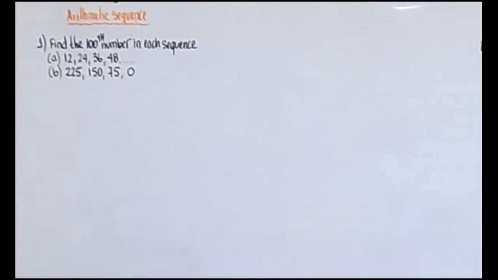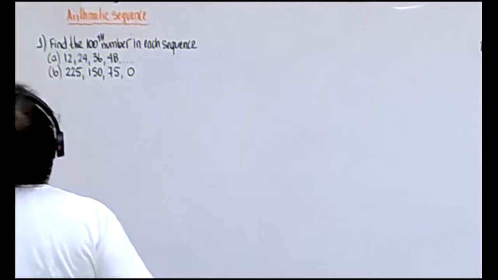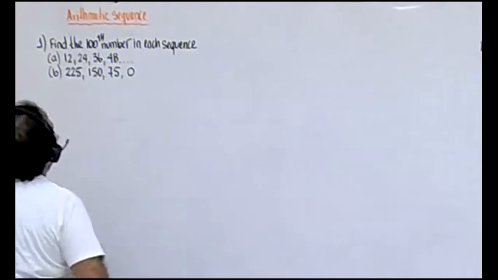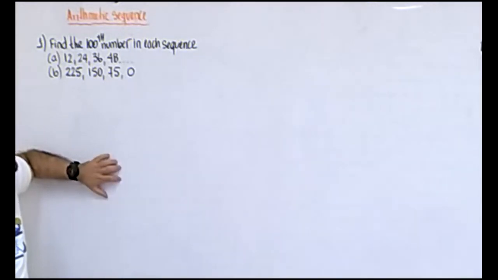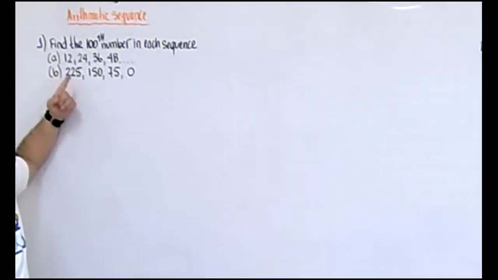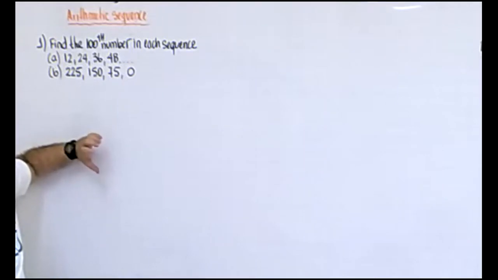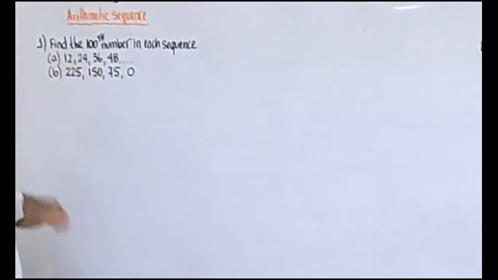Okay, in this case the problem says find the 100th number in each sequence. When it says the 100th number in this arithmetic sequence, I mean the 100th term, the position. What will be the value of the sequence in that 100th position? That will be a little bit harder, but we can identify the pattern.